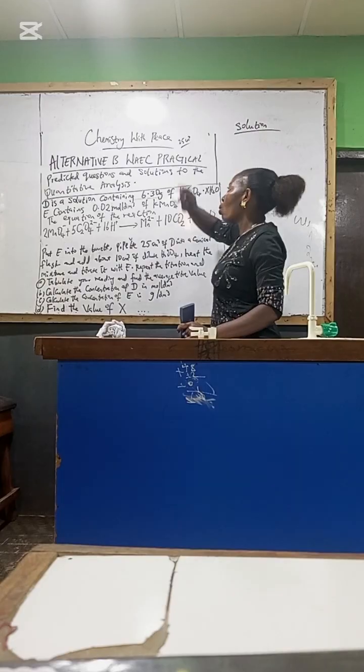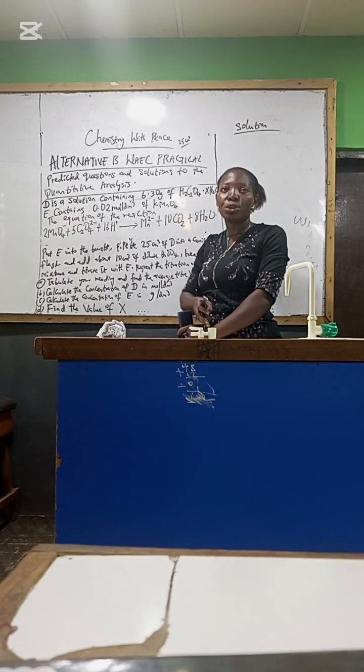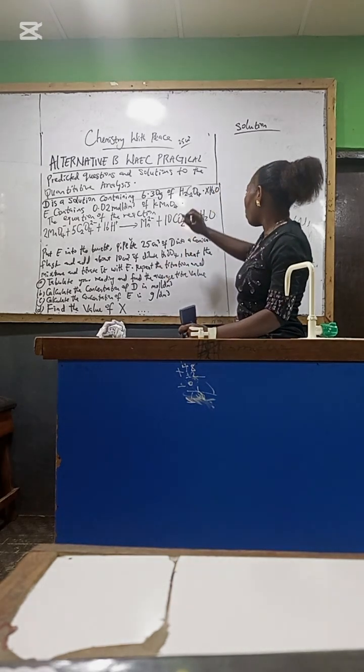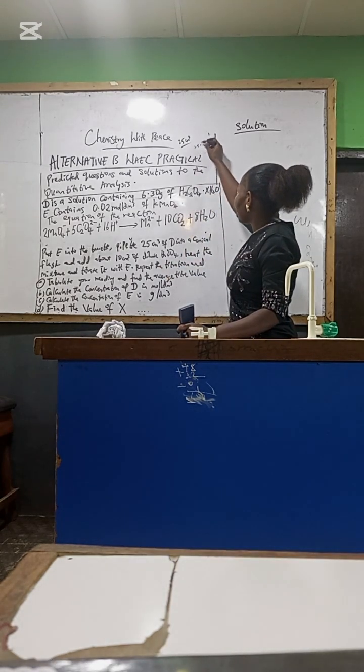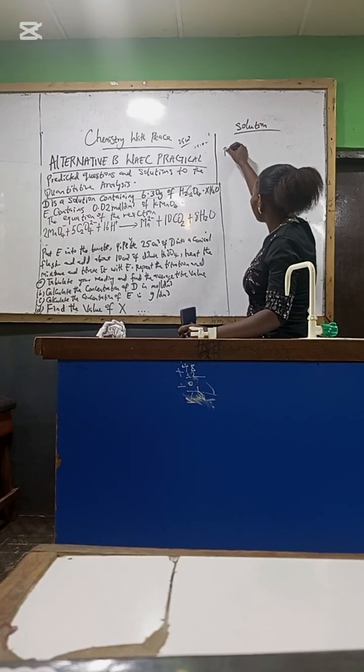So I'm going to work within that range. You must not get that value, but it should just be within that range. It should not be far from that. So I'm going to use 25.4 centimeter cube. So look at what I will do.